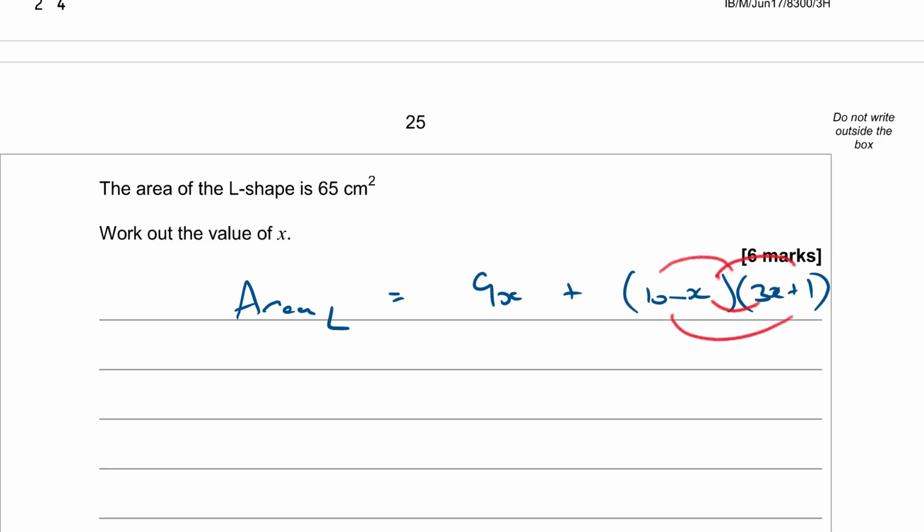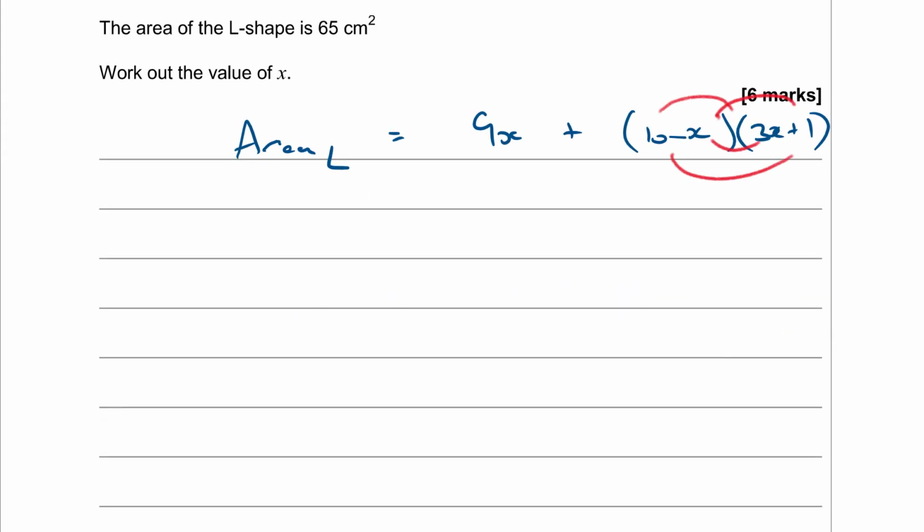Okay, so let's multiply out the quadratic first. My 65 is equal to 9x, which was already there. Then I've got 10 times 3x, which is plus 30x. I've got 10 times 1, which is plus 10.